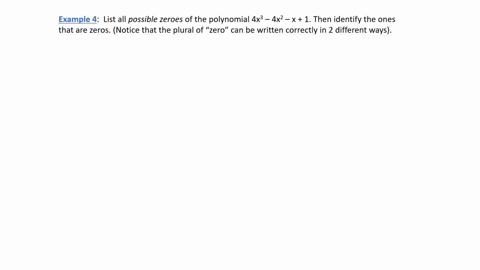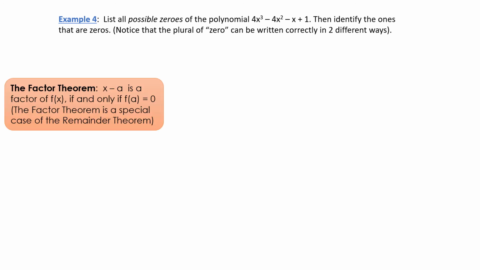Okay, the first thing we're going to do is remind ourselves of the factor theorem. The factor theorem is the one we're looking for here. We're going to find all possible zeros, and then we're going to find the ones that actually are. So we're going to list, using the factor theorem, we're looking for the ones that equal 0.